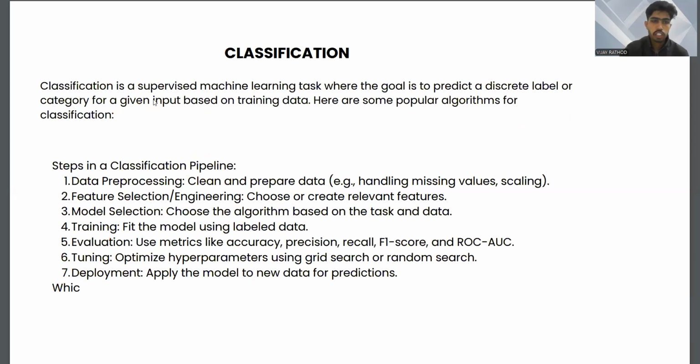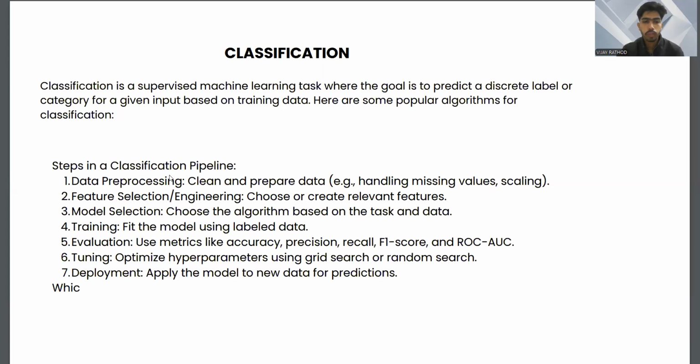Classification is a supervised machine learning task where the goal is to predict a discrete label or category for a given input based on the training data. Here are some popular algorithms for classification.